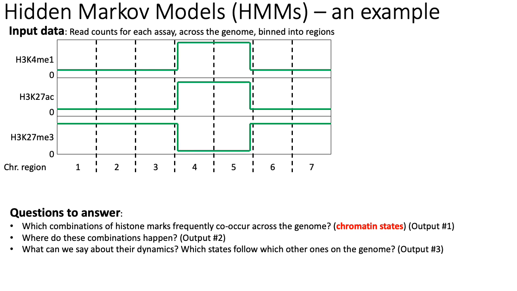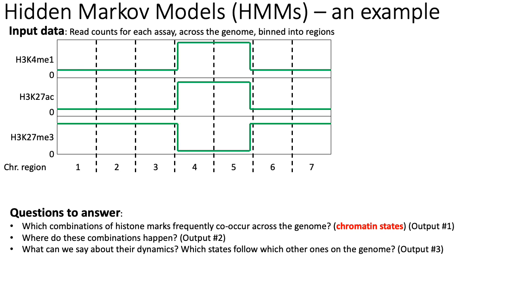And so you'll notice that across this hypothetical genome, I've divided the genome into different chromosome regions because typically hidden Markov models operate on whole regions of a genome, say like a 200 or 400 base pair window, instead of on the individual base pair level.